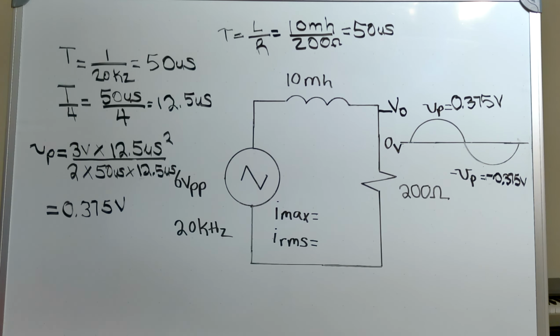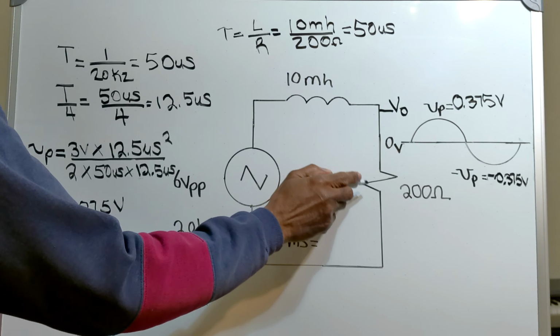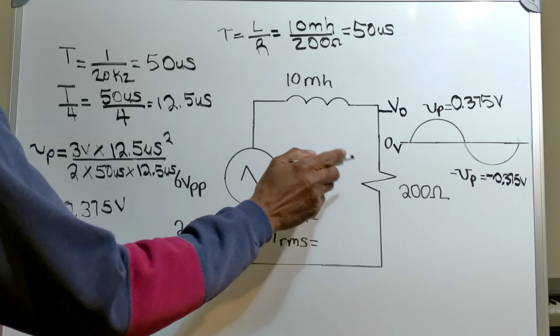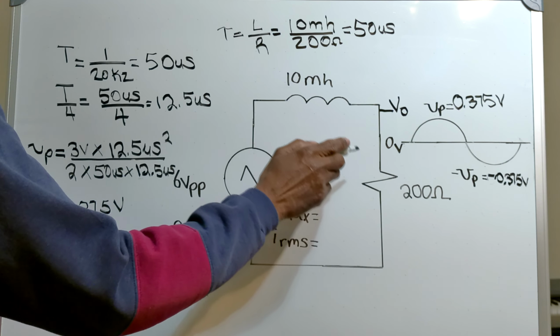Now, my max current. Since my voltage is being taken across my 200 ohm resistor, the calculation is really very simple.